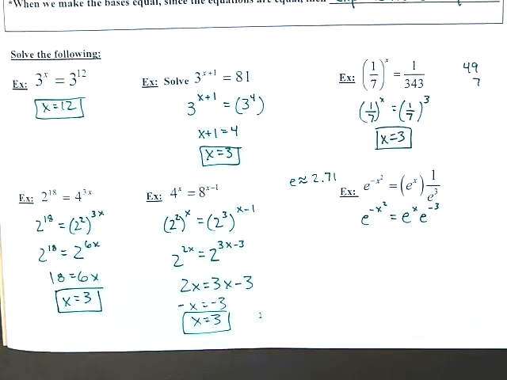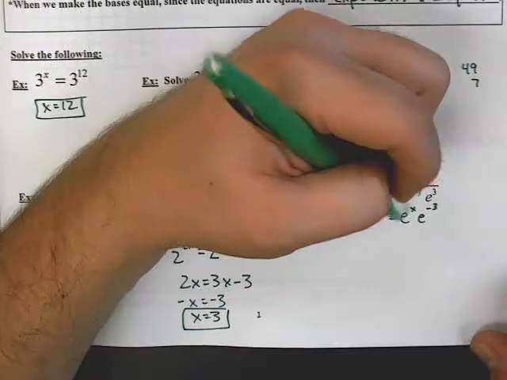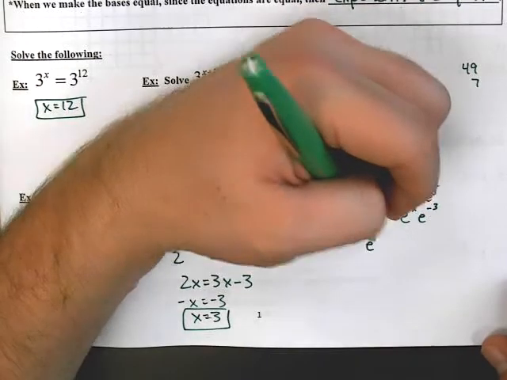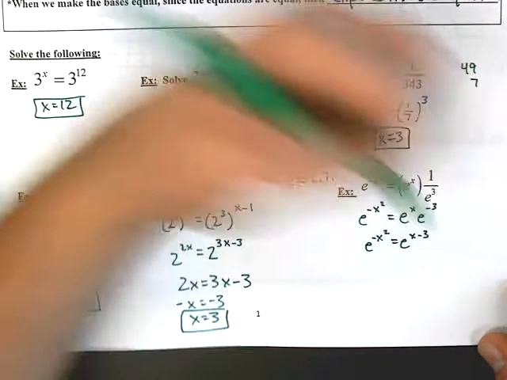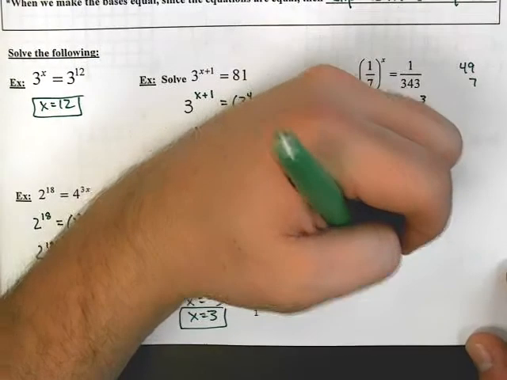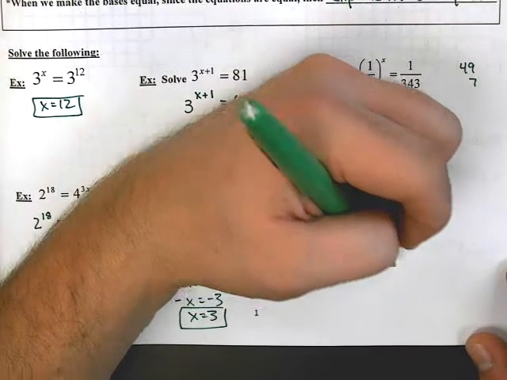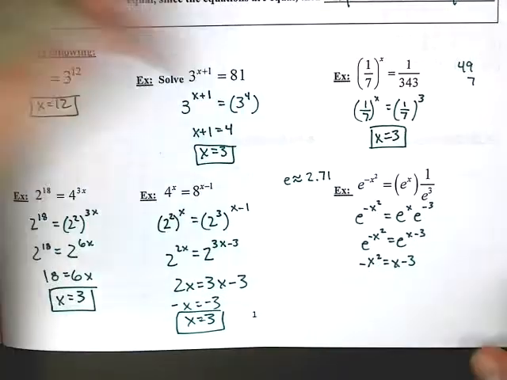Okay, I can rewrite it as e to the negative third. Because now, if I use some of my rules, I can get something like that. And we have a common base, so I get negative x squared equals x minus 3.